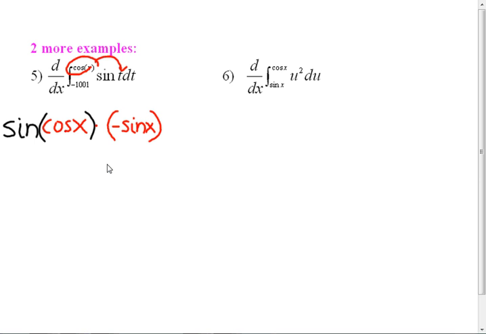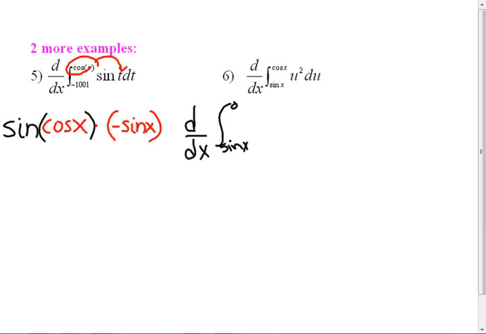Okay. So this one has a problem. 6 has a problem because it's not starting at a constant. So what I can do, kind of cheat a little bit, I can break that using the additive property of integrals. I can break that into 2 integrals. So I'm going to take the derivative, and we're going to go from sine of x to some constant. It doesn't really matter what your constant is, so I'll call it 0.